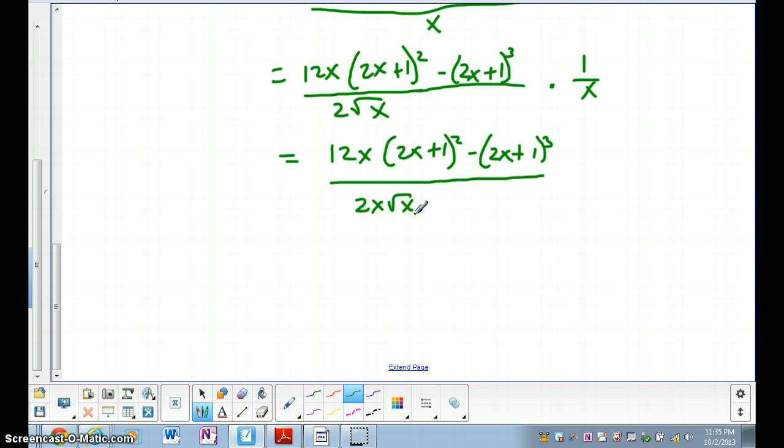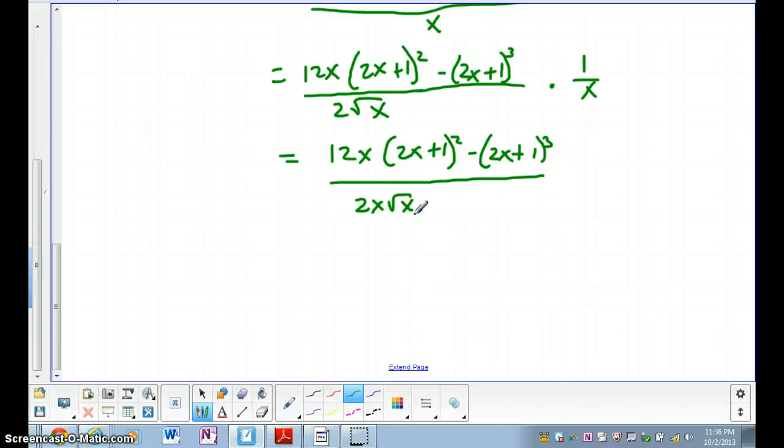Okay, so we're almost done here. We can do a couple things here. We can factor out a 2x plus 1 cubed, and then multiply our 12x times our 2x plus 1, and keep the same common denominator.